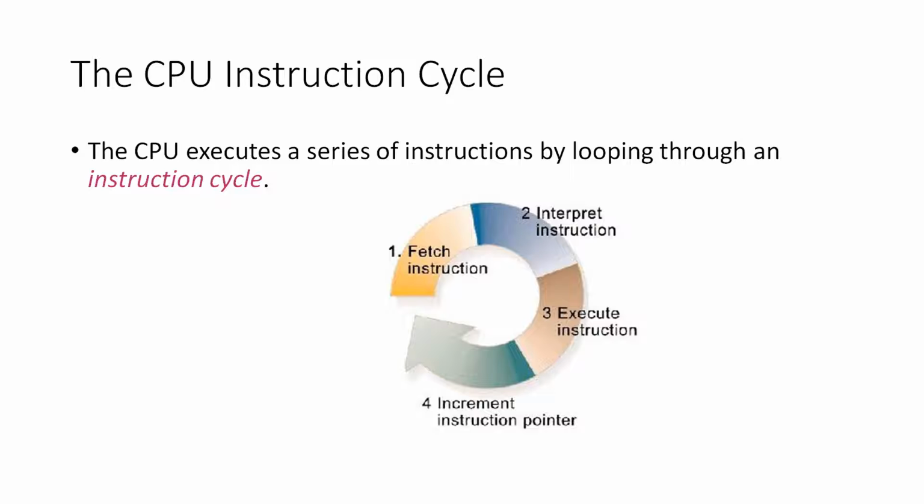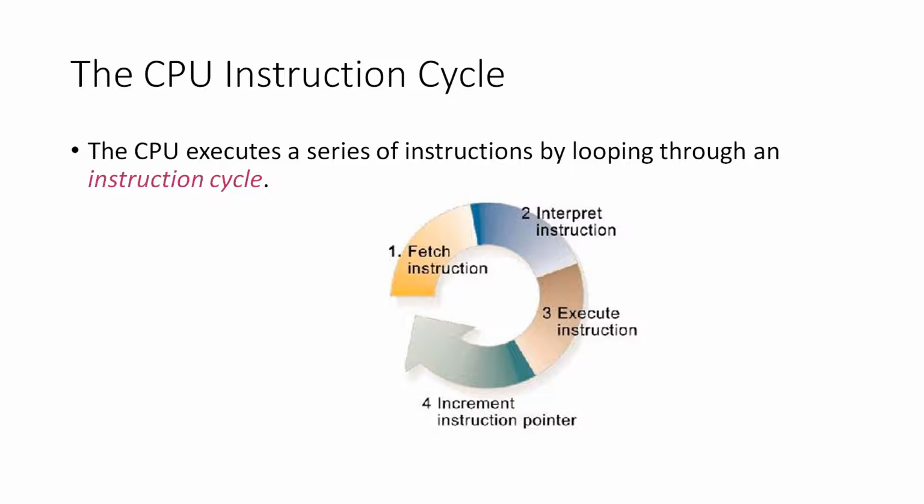I am going to explain it to you with the help of a common example. Let us say that the first instruction that we have provided to our computer is 2 plus 2. This is our first instruction, that is, the computer is going to fetch it. Number 2, interpret instruction: it is going to convert it into binary values, as the computer only understands the language of binary, that is 0 and 1.